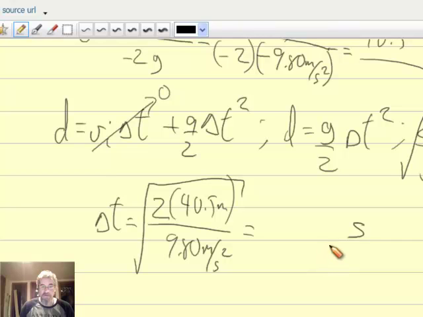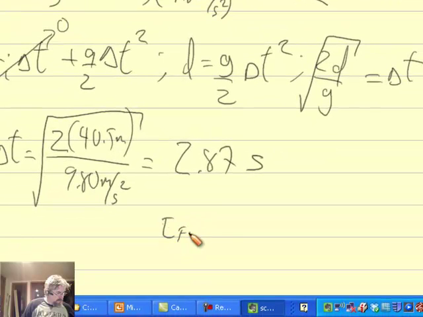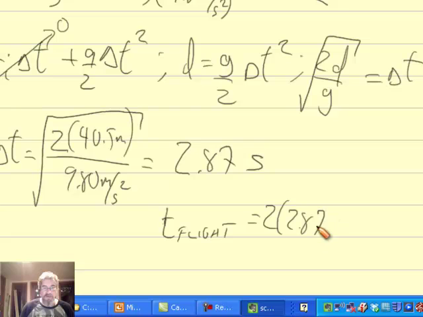So when I multiply 2 times 40.5 and divide by 9.80 meters per second squared, what I come up with is 2.87 seconds. So that means the total flight time is going to be double that, because this was just the time it took to fall. We know it will take an equal amount of time to rise up to the top of the arc. So 2.87 seconds doubled comes out to 5.75 seconds.